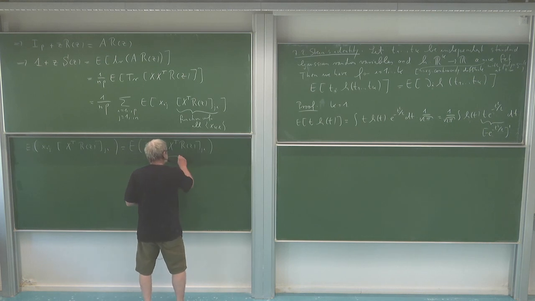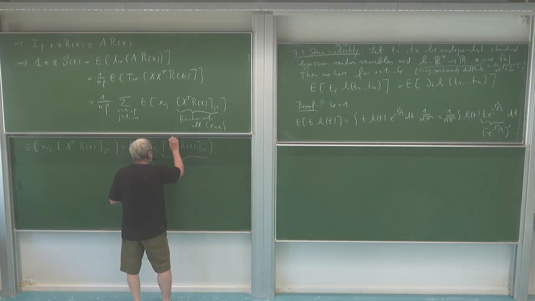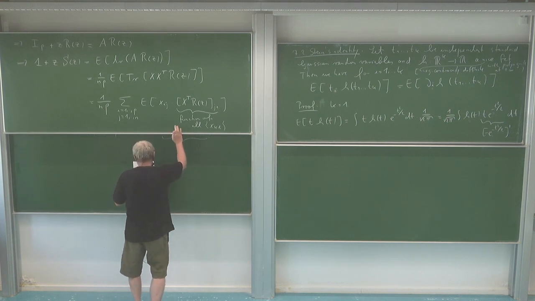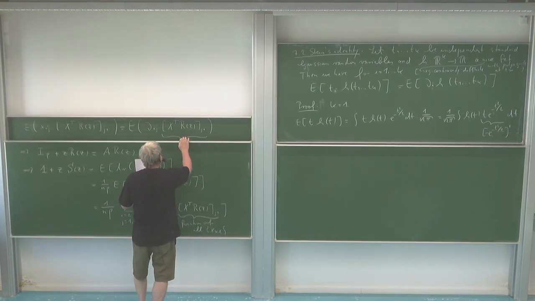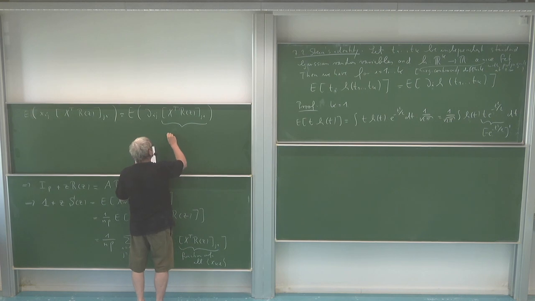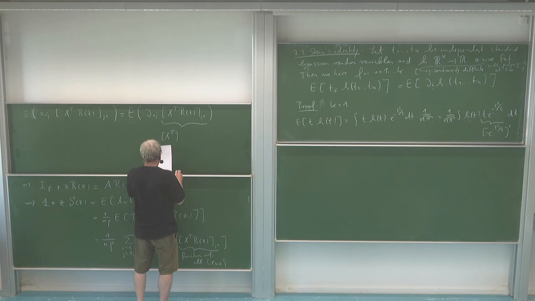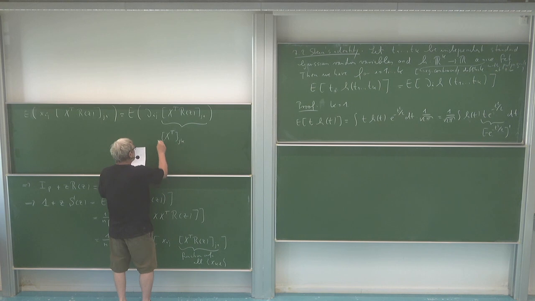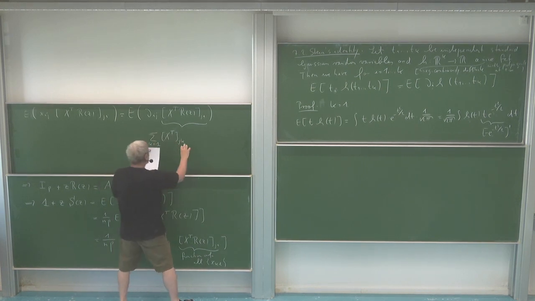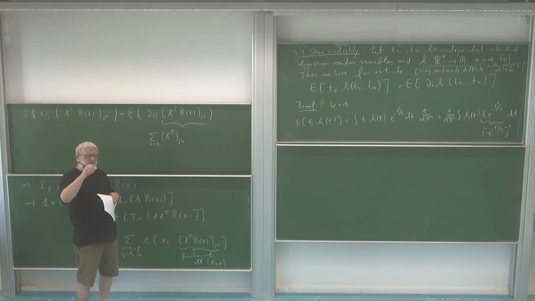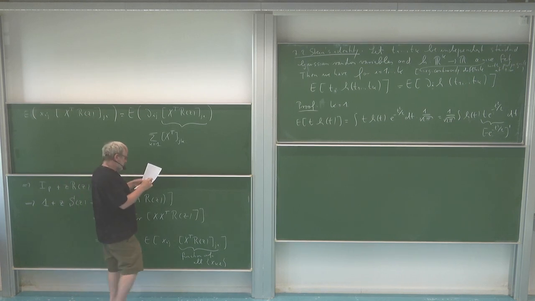So this is the (j,i) entry of the product of my two matrices, which is just the matrix product. This is the matrix X^T, the transpose, and I take the j entry, and then I'm summing over k, because I do matrix multiplication. X is a p times n matrix, so X^T is an n times p matrix, which means k has to run up to p.